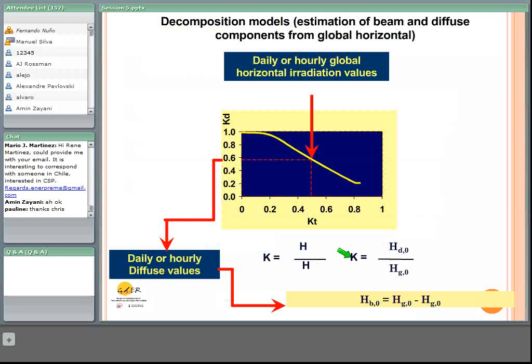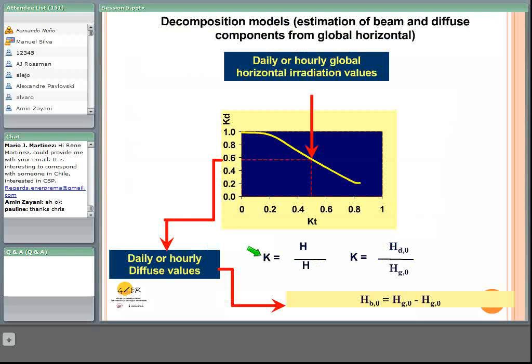The subscripts are missing, sorry, but this is KD, which is the diffuse index, and this is the clearness index, which is defined as the global horizontal irradiation divided by the extraterrestrial irradiation for the same period.